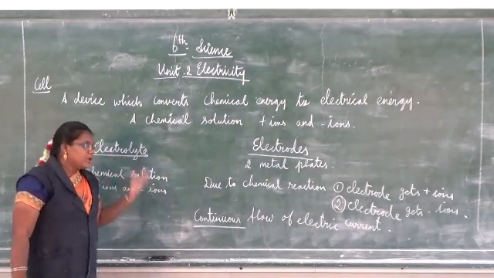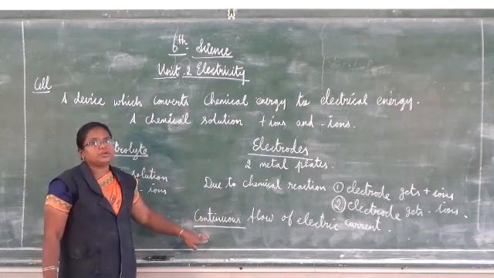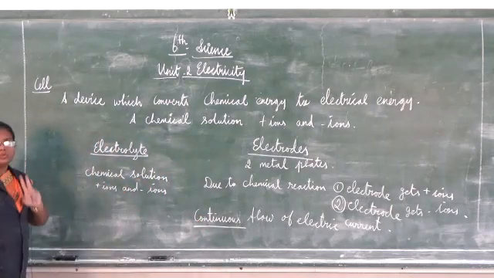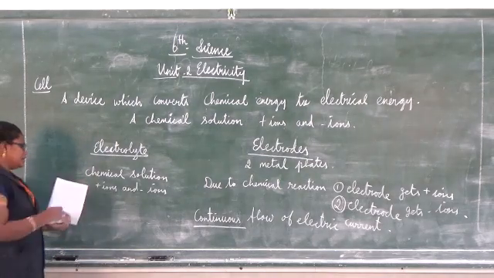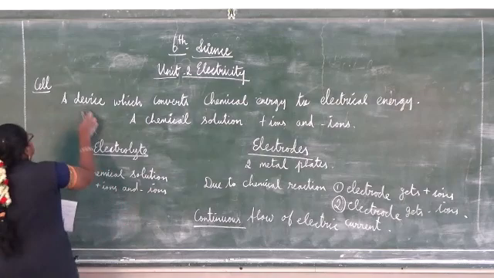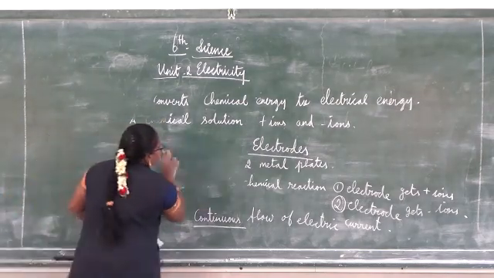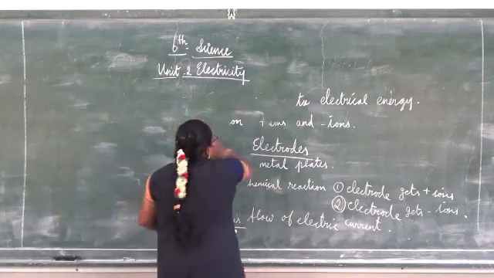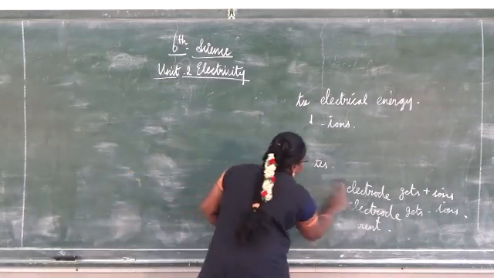Depending on this continuity, the cell is divided into two types: one is primary cell and the other is secondary cell.